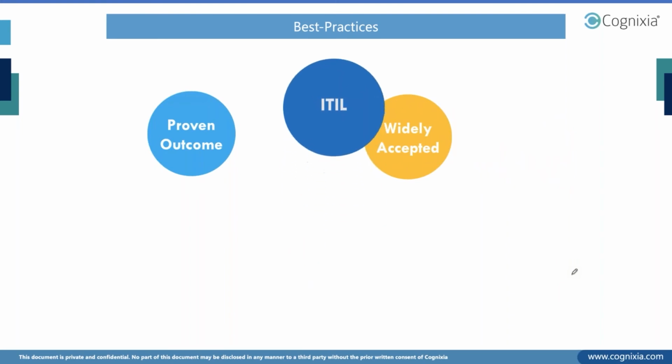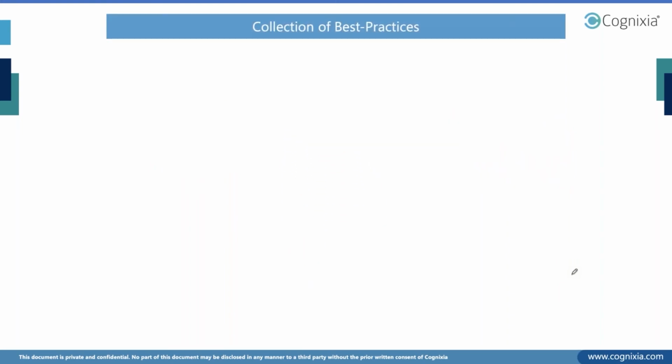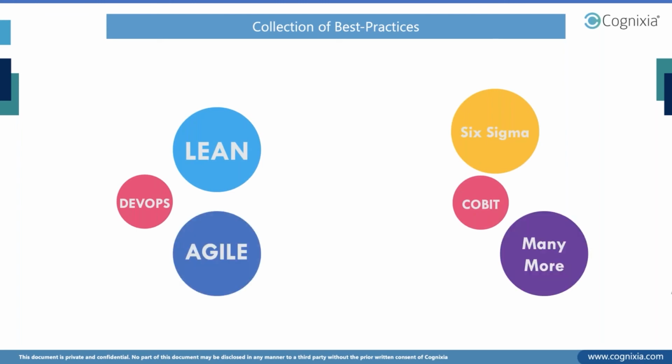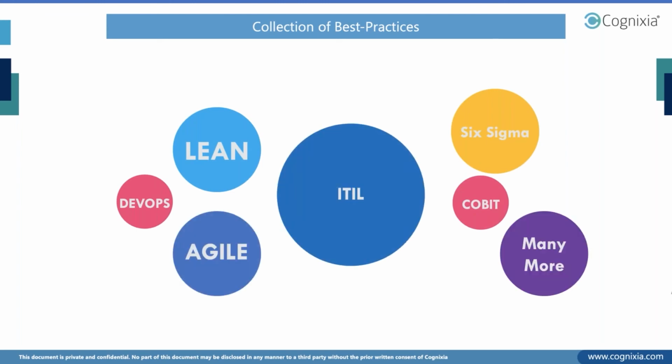ITIL provides a proven outcome and is widely accepted. In fact, ITIL is a collection of a variety of best practices such as Lean, Six Sigma, DevOps, COBIT, Agile, and many more. So what you'll be studying in ITIL is not one practice, but a collection of best practices that have come from a variety of industries.